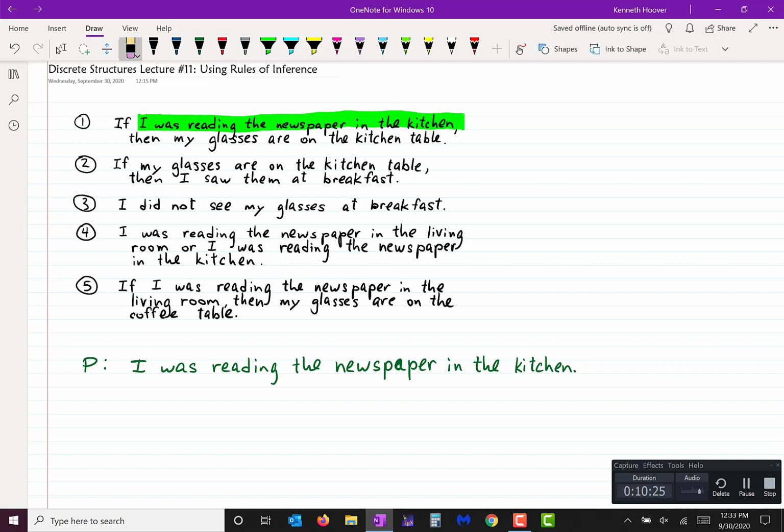Okay. What's another statement that I see that's being used? Well, here's a statement. My glasses are on the kitchen table.